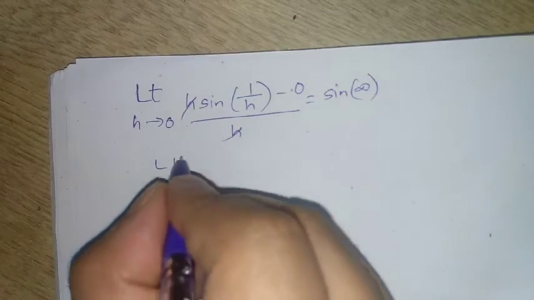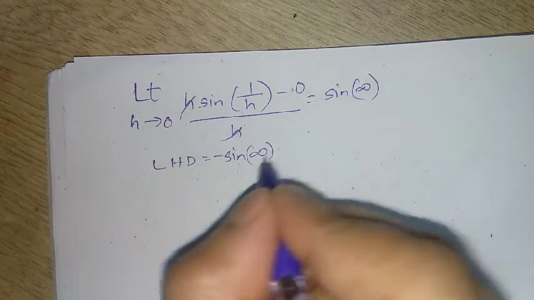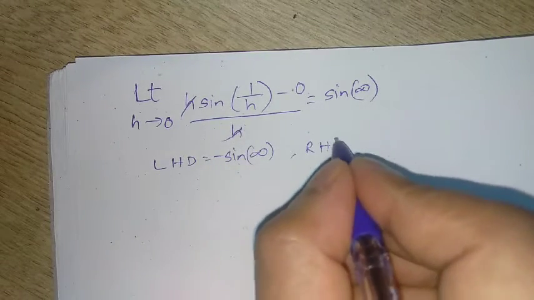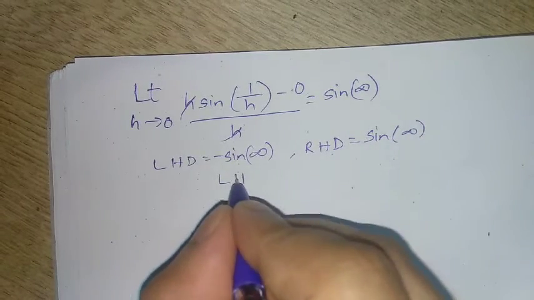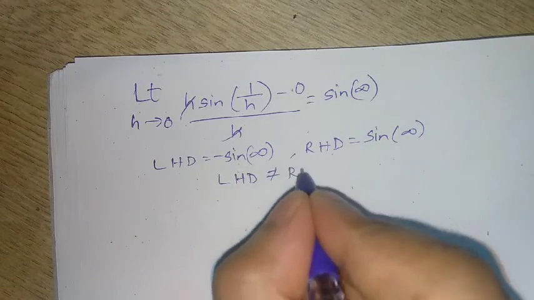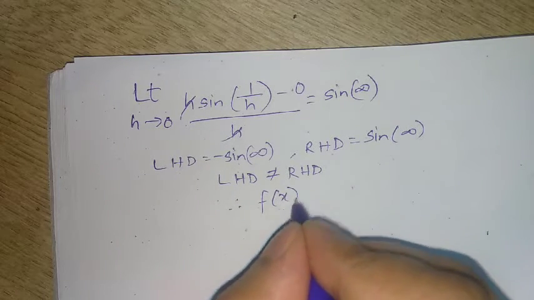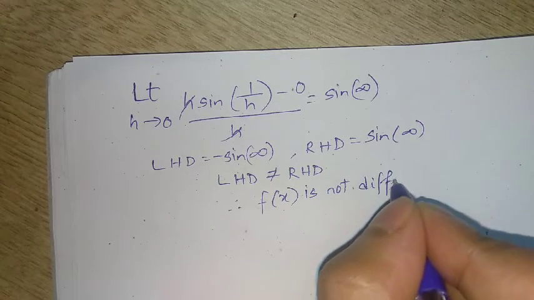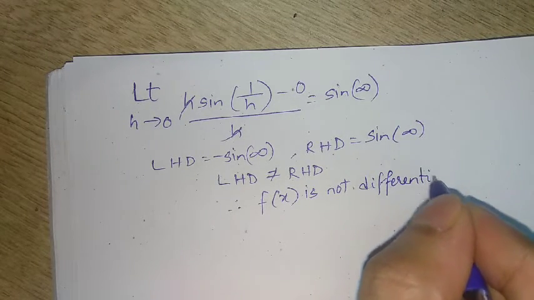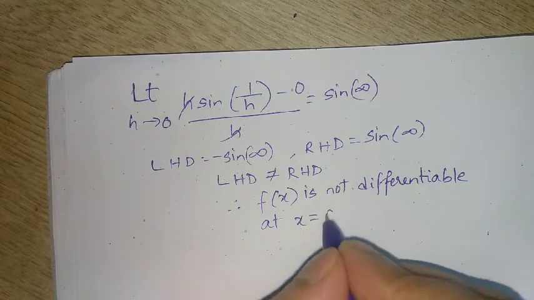So left hand derivative was equal to minus sine infinity, and right hand derivative is equal to sine infinity. So left hand derivative is not equal to right hand derivative, therefore f of x is not differentiable at x equal to 0.